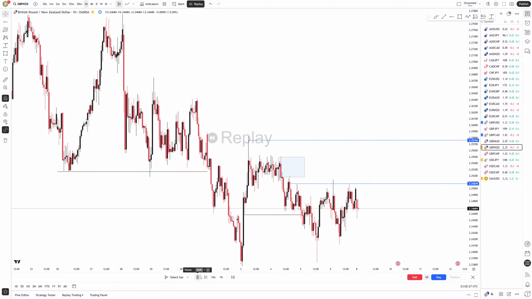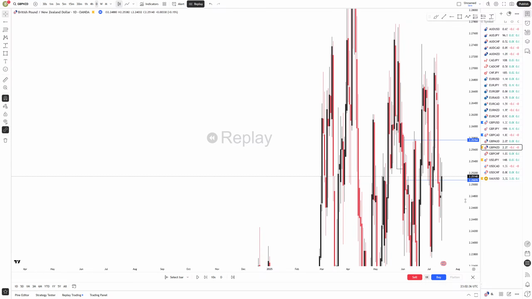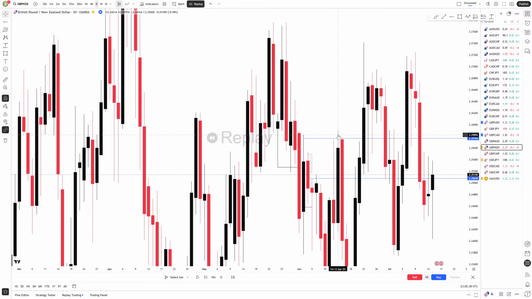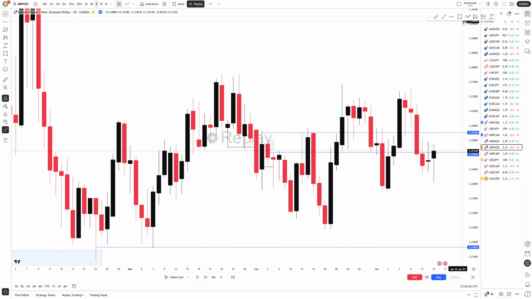The price just came. Let's go back to the daily time frame. As you can see, the price just came to this level here and activated that entry.